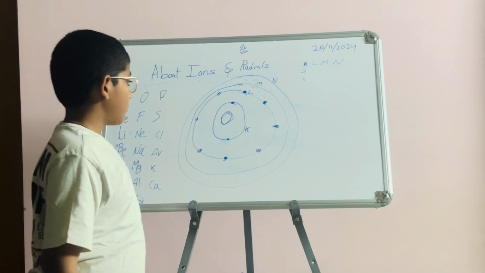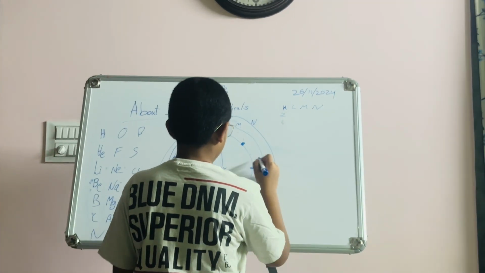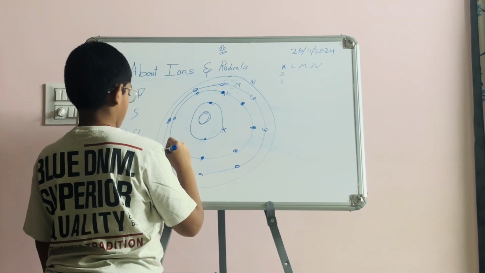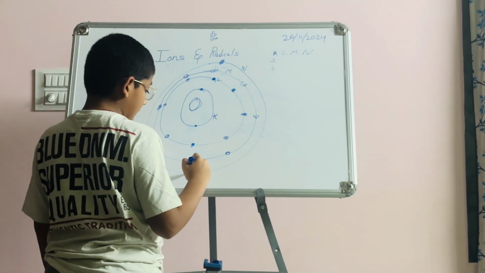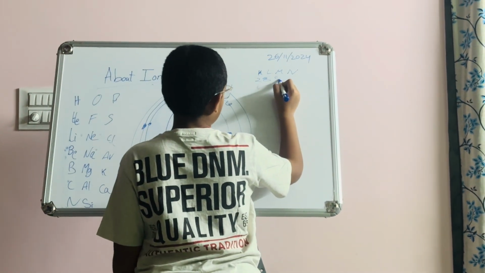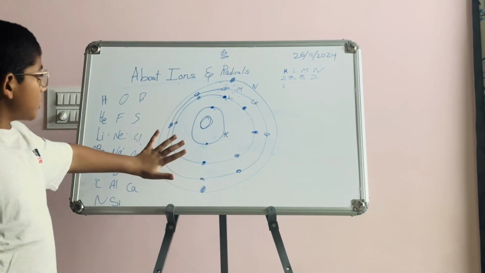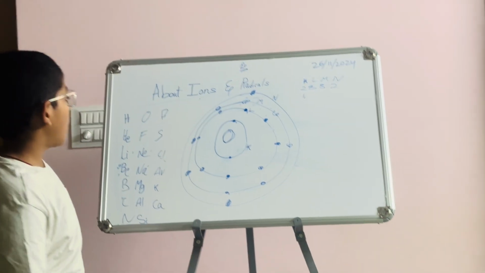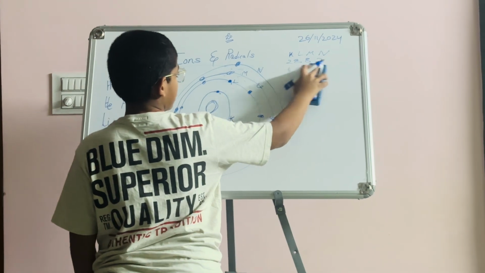The M shell also the same, 8. And the N shell has only 2, until 20 elements. So 2, 8, 8, 2. This is the structure that you need to learn, first of all, to know how an element is going to get stable or not.